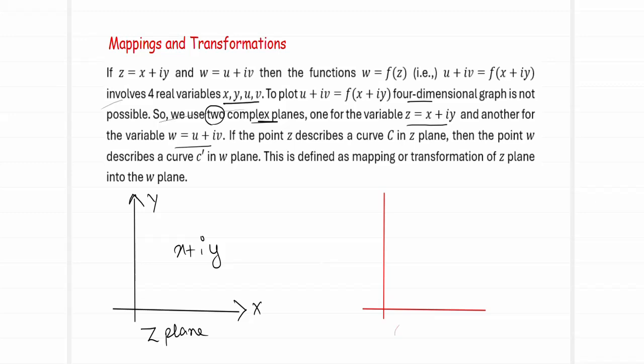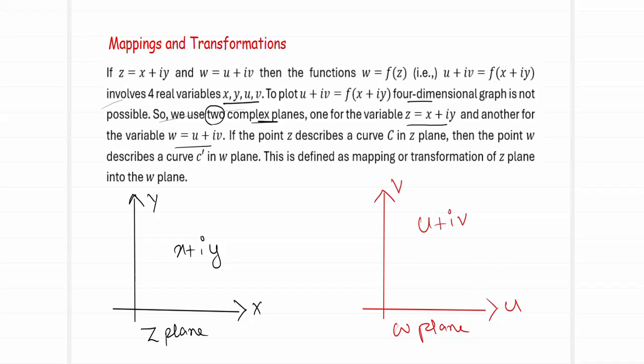We will be mapping the quantity u plus iv. So along this direction where we had x, we will be having our u, and in this direction where we had our y, we will be having a v. Now this takes care of the two variables x and y, and this takes care of the two variables u and v. So instead of a four-dimensional graph, two two-dimensional graphs will be easy for me to define the process.